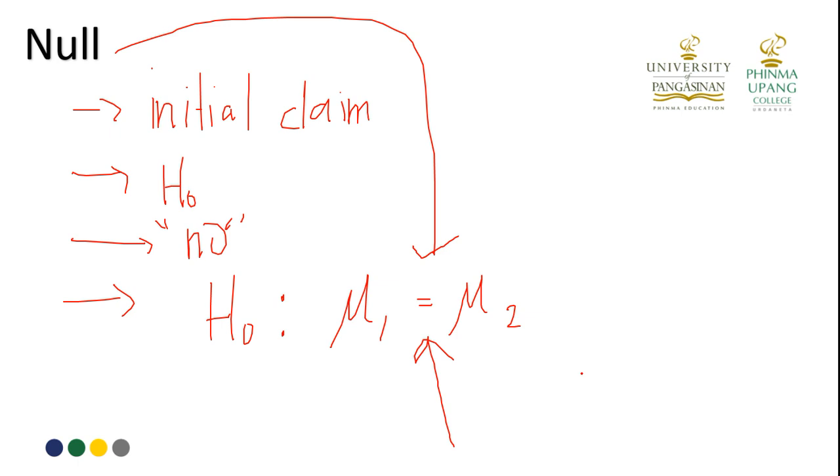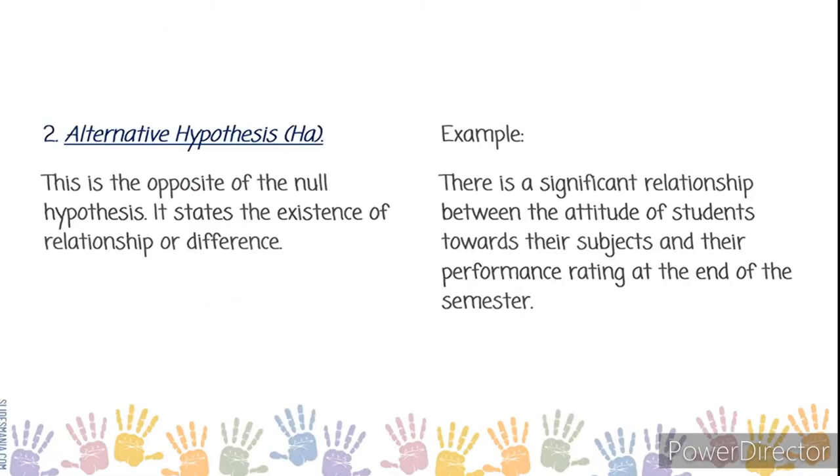I mean the symbol is always equal. Okay? Then the independent variable has no effect on the dependent variable. Again, baka lumabas sa exam or sa quiz. Null hypothesis: the independent variable has no effect on the dependent variable. Kasi no effect, wala siyang effect sa dependent variable.